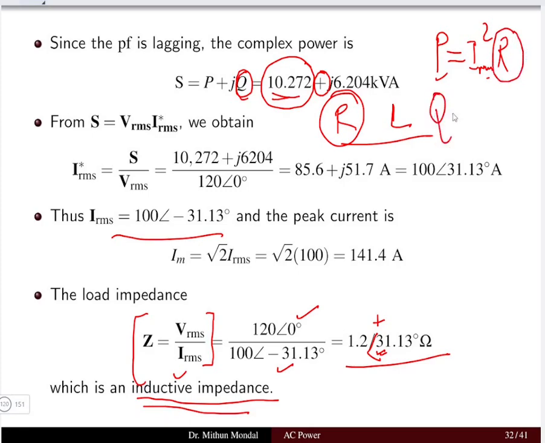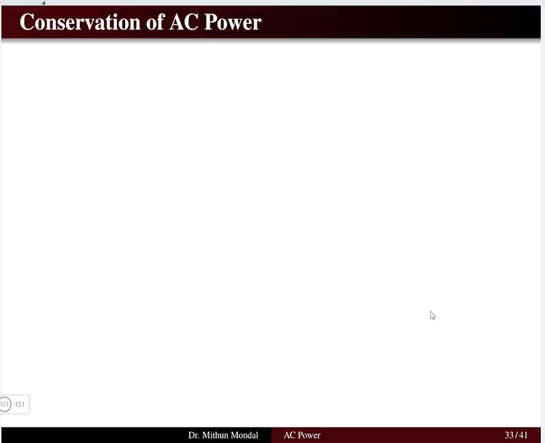Also, the reactive power Q is equal to I RMS squared into XL. So we can calculate XL first, and then XL is equal to omega L, so we can calculate the value of inductance. So sometimes the circuit elements need to be calculated, and we can use this power formula.